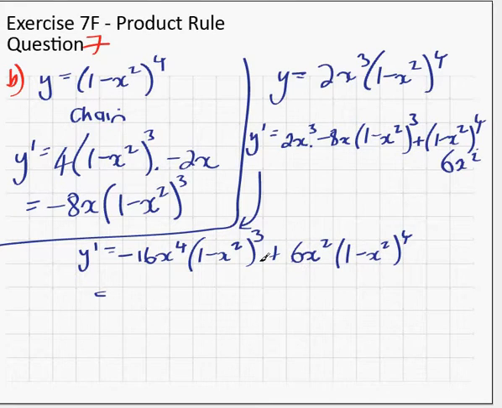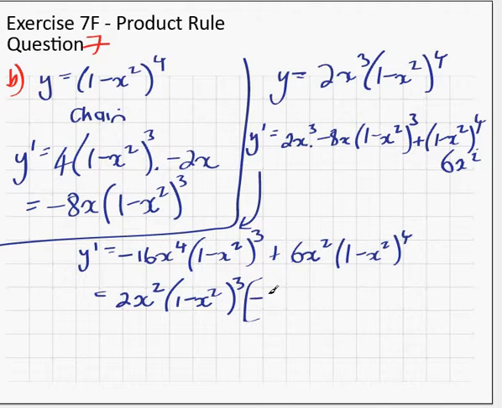factorise this, the highest common factor out of 6 and 16 is in fact 2. I've got an x squared, and I've also got 1 minus x squared cubed.